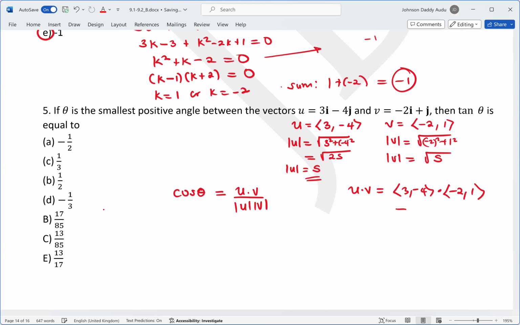And this will give us minus 6 minus 4. So u dot v is minus 10. Now we plug everything in, so cosine theta is u dot v, which is minus 10, over the magnitude of u, which is 5, times the magnitude of v, which is root of 5.